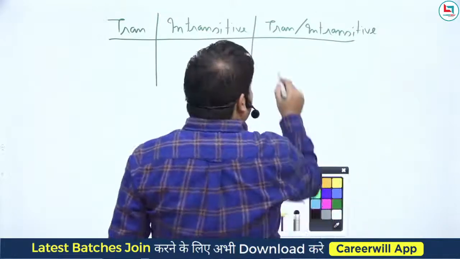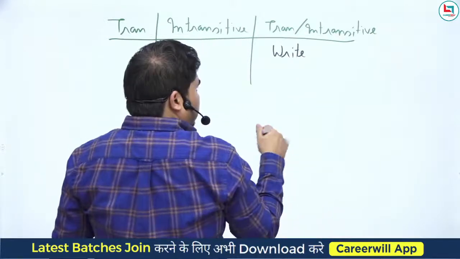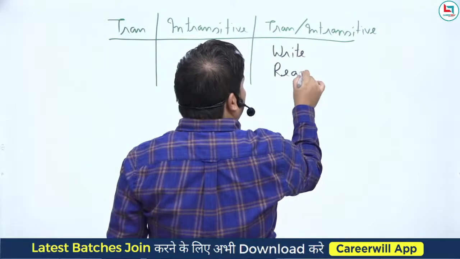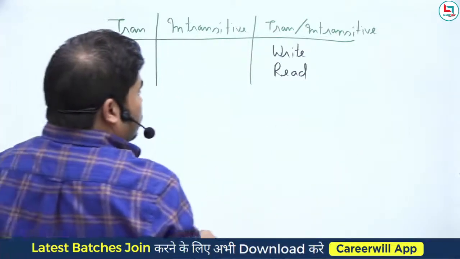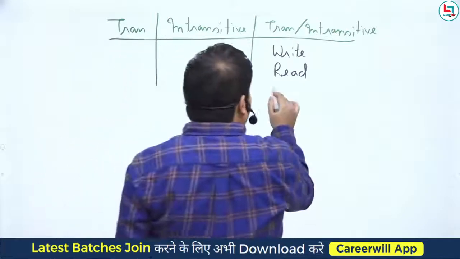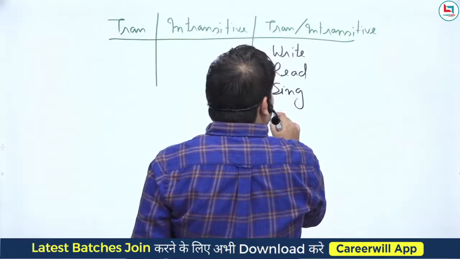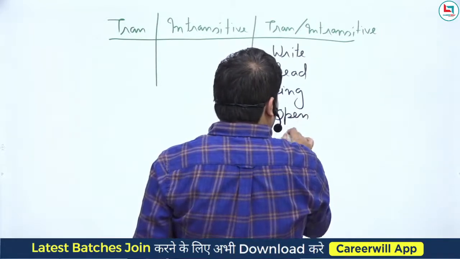So here, this write can be used transitively, intransitively both. Read: he reads, and he reads Hindustan Times. So read can be used in both the manners, sing can be used in both the manners, open can be used in both the manners, close can be.